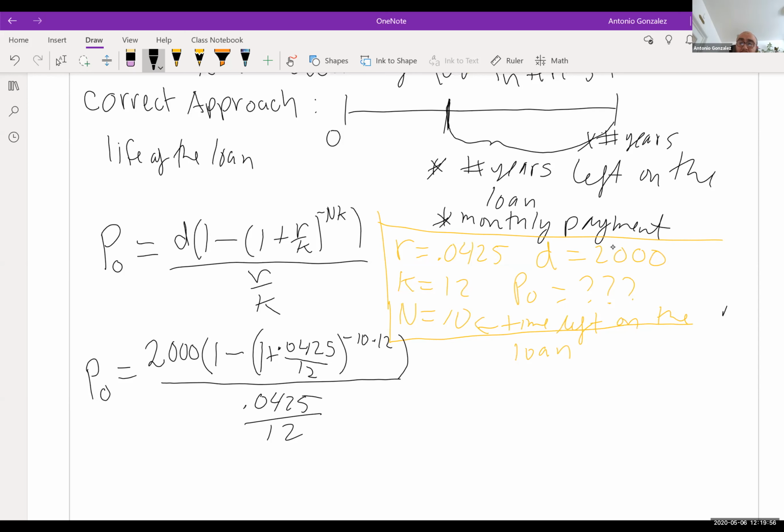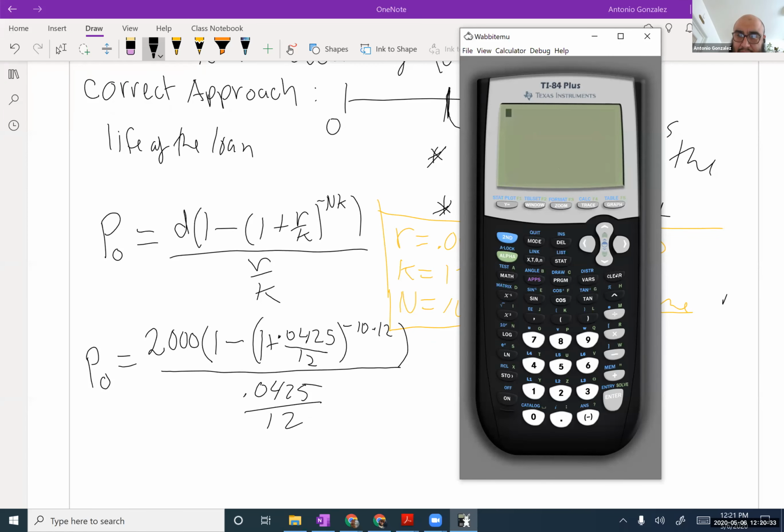Okay, and then from here, we'll take out our calculator. Again, we'll do this one step at a time. Let's start by plugging in the values.